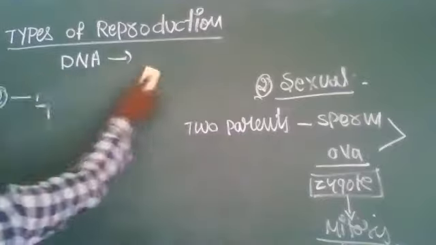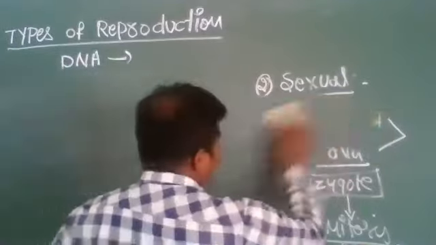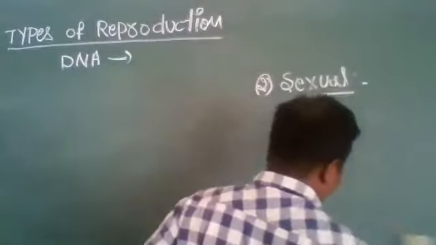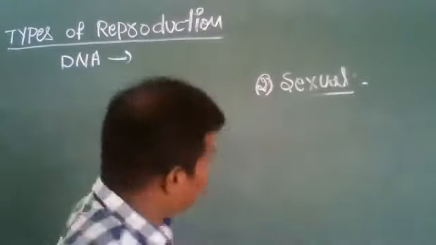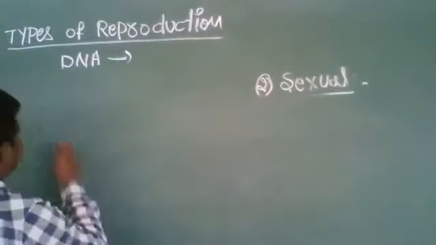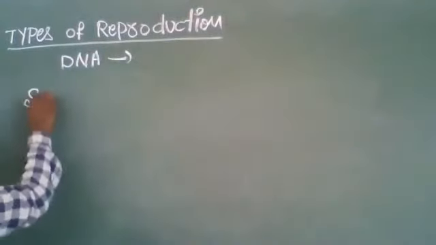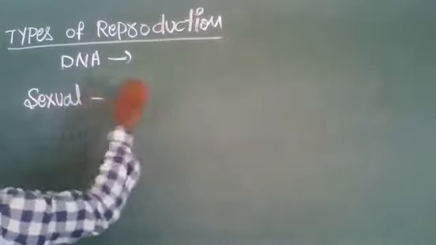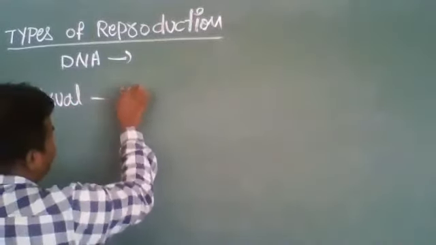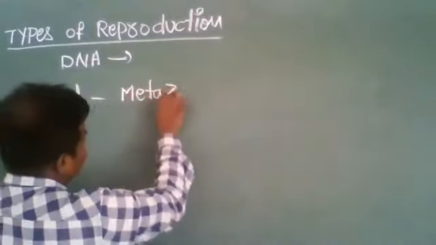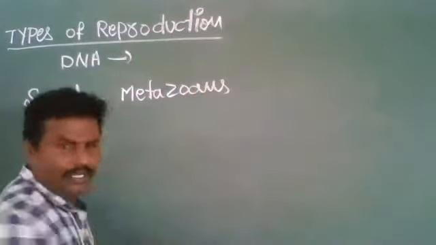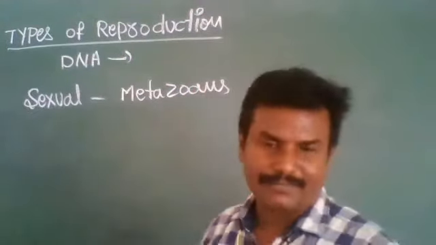Generally, sexual reproduction occurs in all metazoans. Metazoans means almost all the animals.